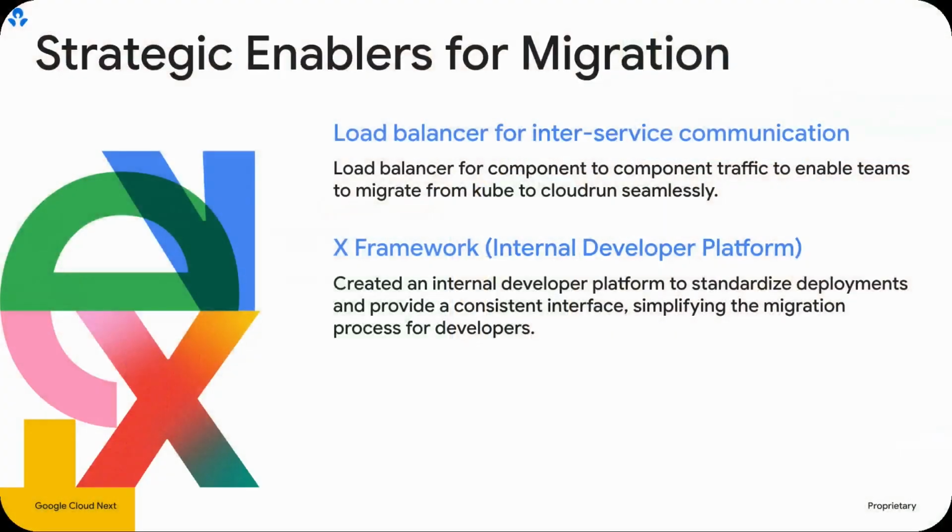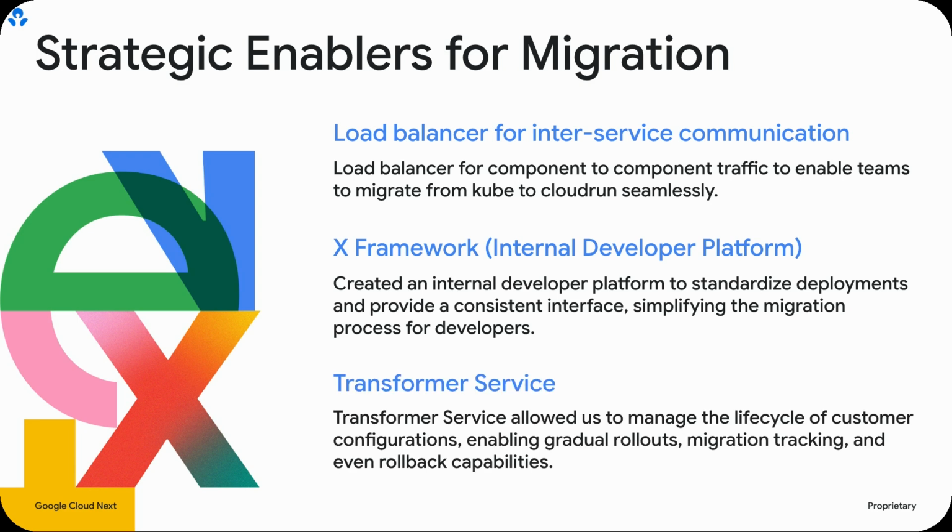Second, we invested in an internal developer platform called the X Framework. I'll talk more about this in the coming slides. And third, we invested in a transformer service, which allowed us to manage all of the platform configuration that's present in our customers' repositories at scale.